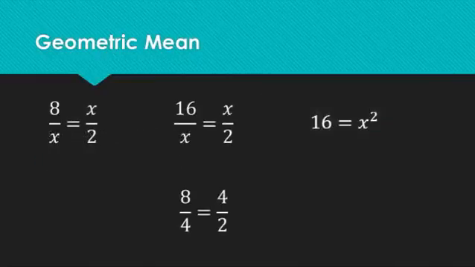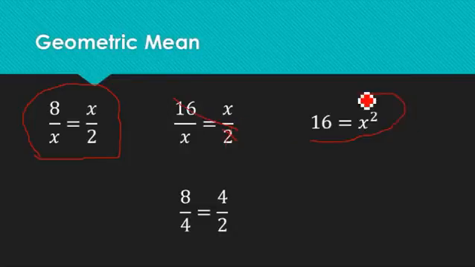For example, if I wanted to find the geometric mean of 8 and 2, I would set up the proportion 8 over x equals x over 2. I would cross multiply. Sorry, this step is supposed to be 16 over x equals x. It's not supposed to be there.